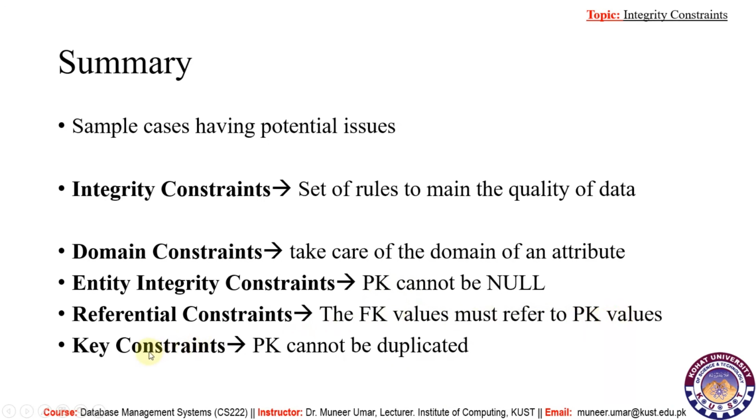Then the last constraint was key constraint, and in this type of constraint we say that the primary key values cannot be duplicated, so we must have unique values under the primary key column.